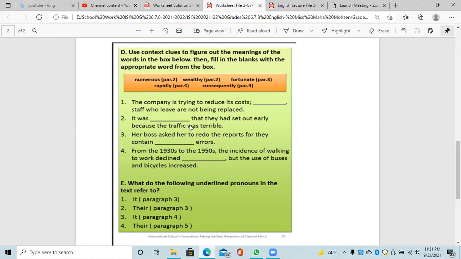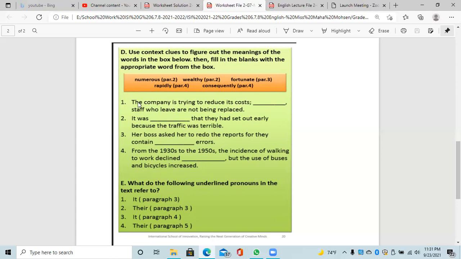So I told you in class that there might be a question where you either have to put that vocabulary word in a sentence, and this needs you to know the meaning of that word, or I can give you a sentence that has the word and ask you to infer the meaning of that vocabulary word from the context of the sentence, or give you a picture, or just give you the word and ask you to choose the right answer or to write its meaning. So there are different options.